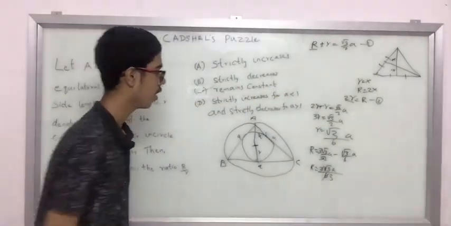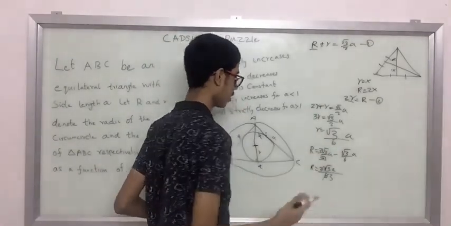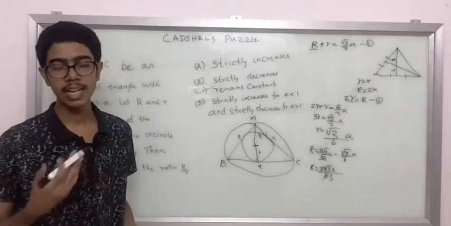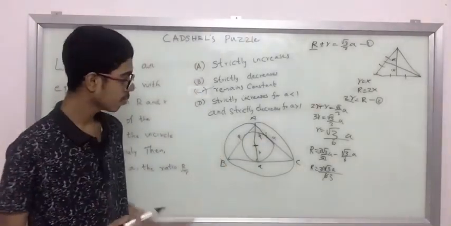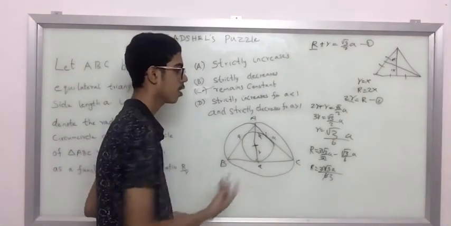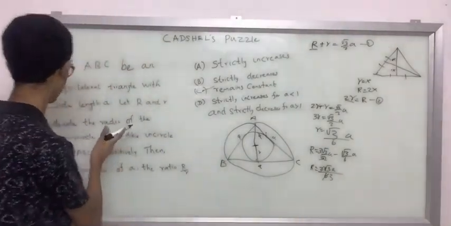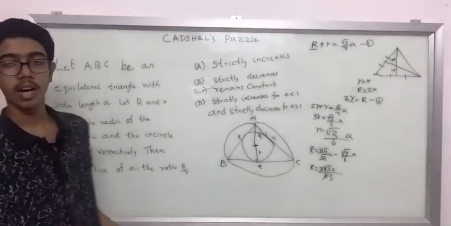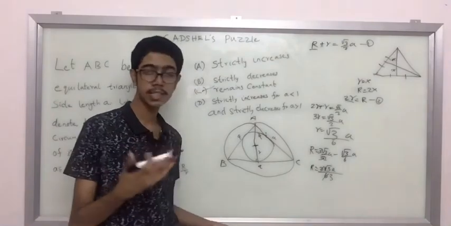So capital R is equal to root 3 a by 3. That means the radius of the circumcircle is root 3 a by 3. Next, the smaller: the radius of the incircle, which we found, is root 3 by 6 into a.